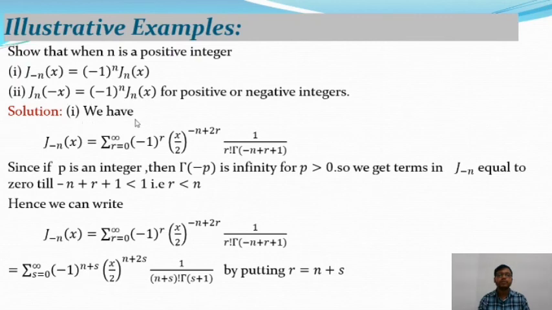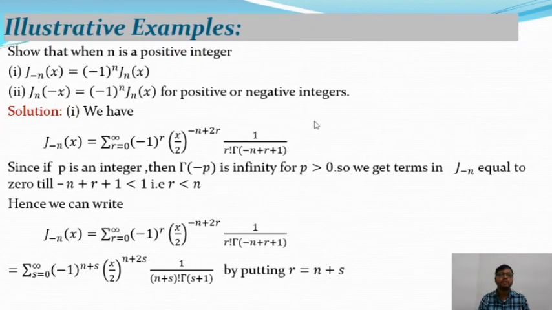So J_{-n}(x), from the definition of the Bessel's function, is equal to the summation of r equals 0 to infinity (-1)^r (x/2)^{-n+2r} into 1 by r factorial or gamma of r plus 1 into gamma of minus n plus r plus 1.